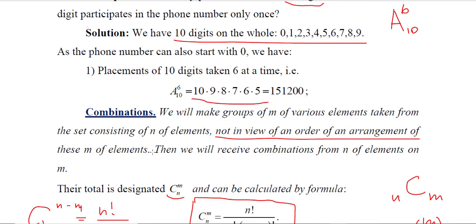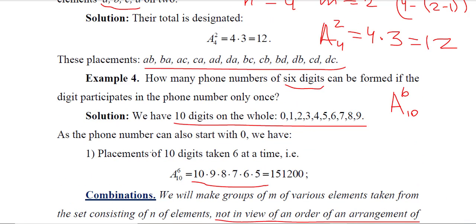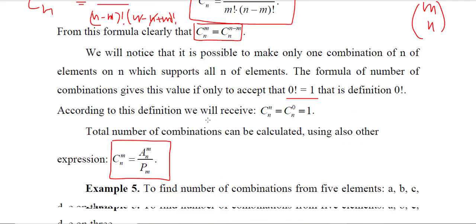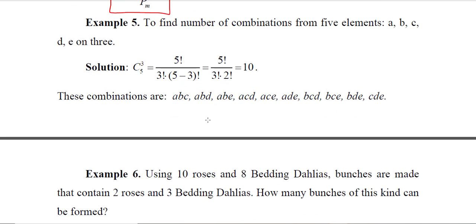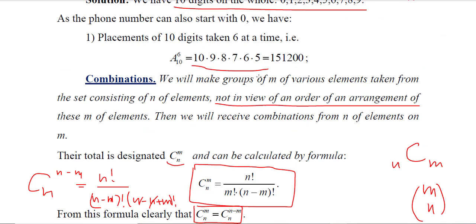Let me explain one more time. In placement, we have A, B and B, A; it can be in placement, but in combination we cannot use this one. For example, if we have A, B, C, we don't have C, B, A. Is it clear? We will use it only one time, because here it's written not in view of an order of an arrangement of these m elements.